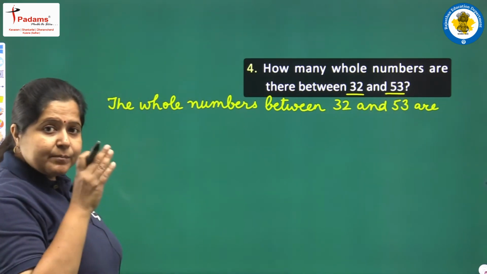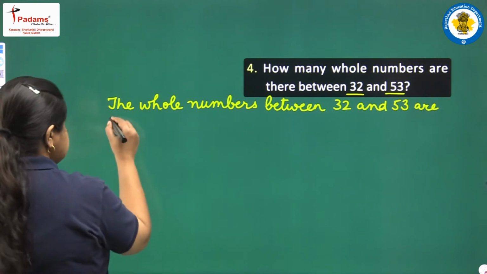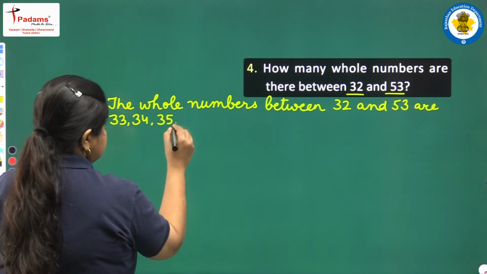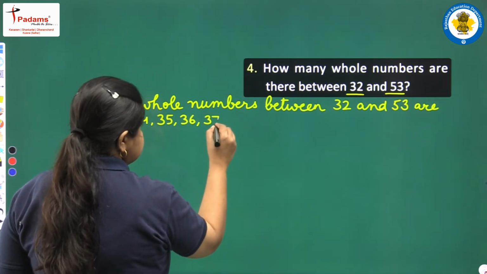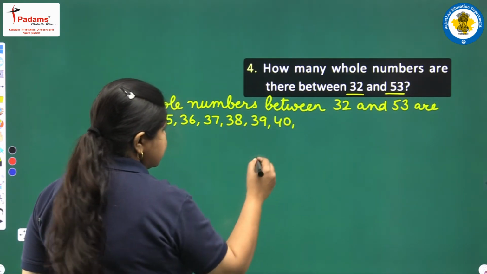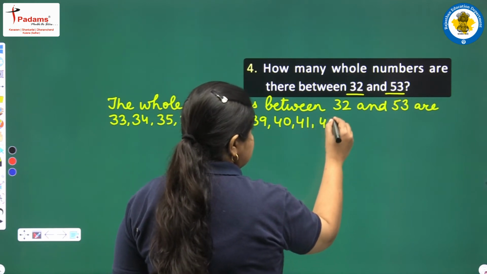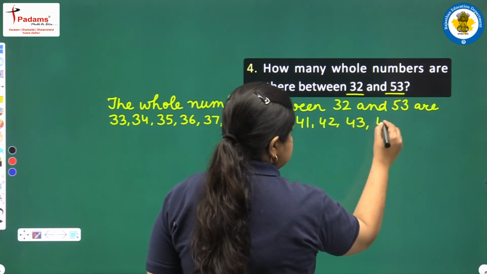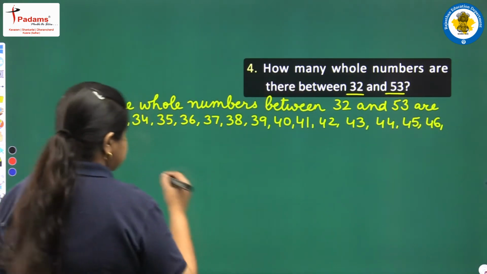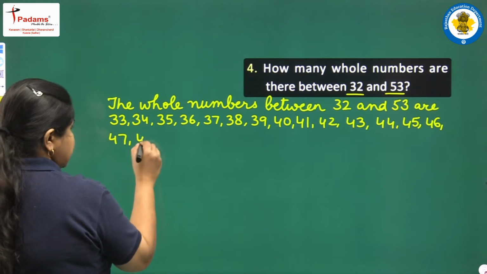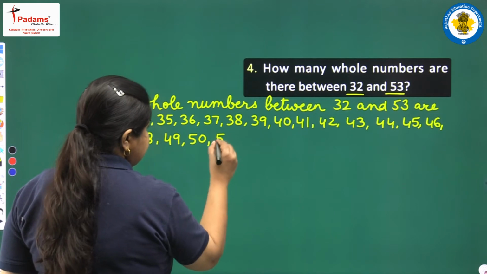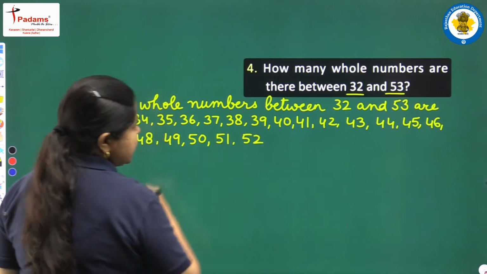We will take the numbers between these given numbers. So we will start from 33, 34, 35, 36, 37, 38, 39, 40, then 41, 42, 43, 44, 45, 46, then 47, 48, 49, 50, two more are left, 51 and 52.